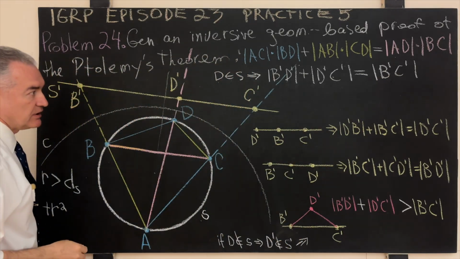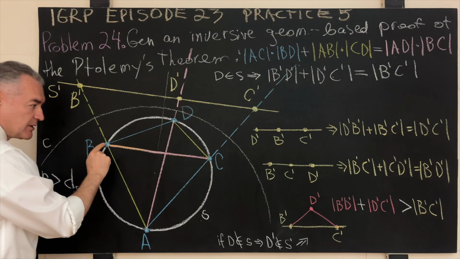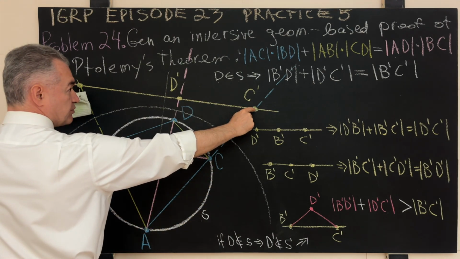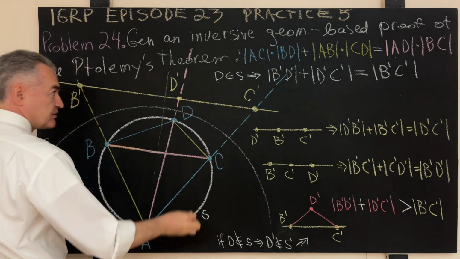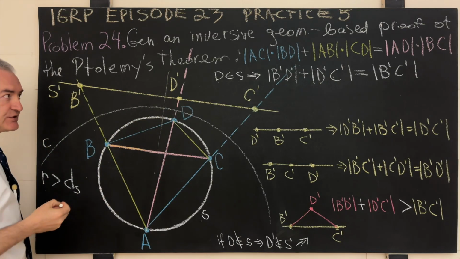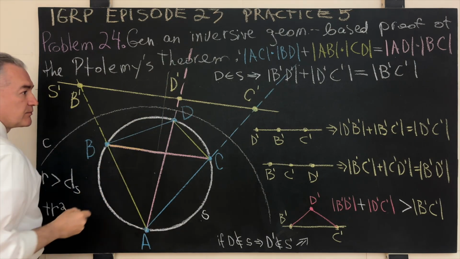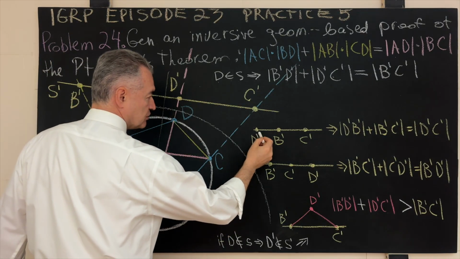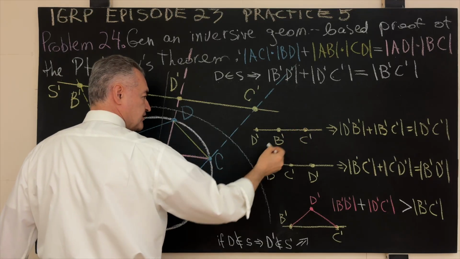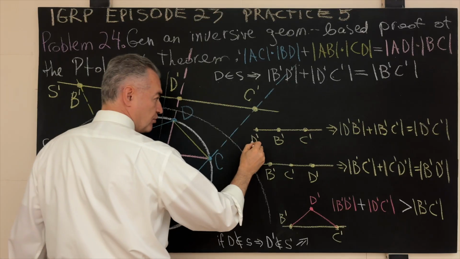And there are only two other choices for, remember, the points B and C are fixed. Their images B prime and C prime are fixed. Correspondingly, we have only one runner point, D prime, so the remaining choices are only two. The point D prime is located, let's say, logically, to the left of both of the points B prime and C prime, or in a sense, the point B prime is located in between the points D prime and C prime.